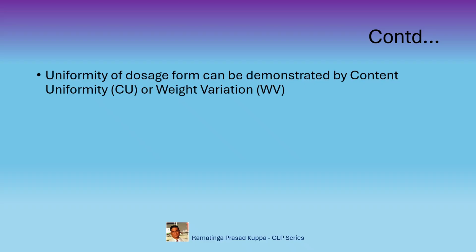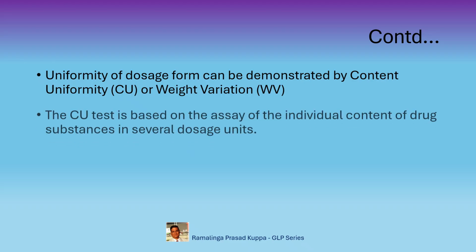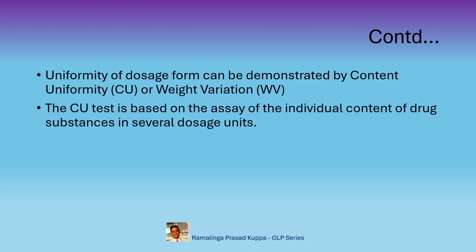Uniformity of dosage form can be demonstrated by content uniformity CU test or weight variation WV test. So the uniformity can be established by either of the content uniformity or weight variation test. The CU test is based on the assay of the individual content of drug substances in several dosage units.